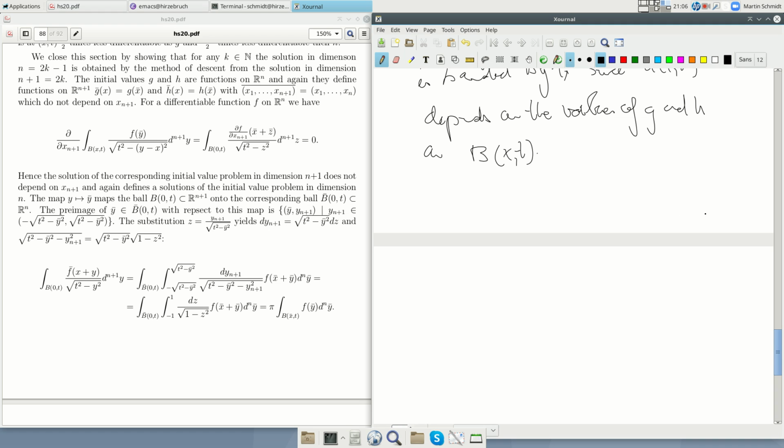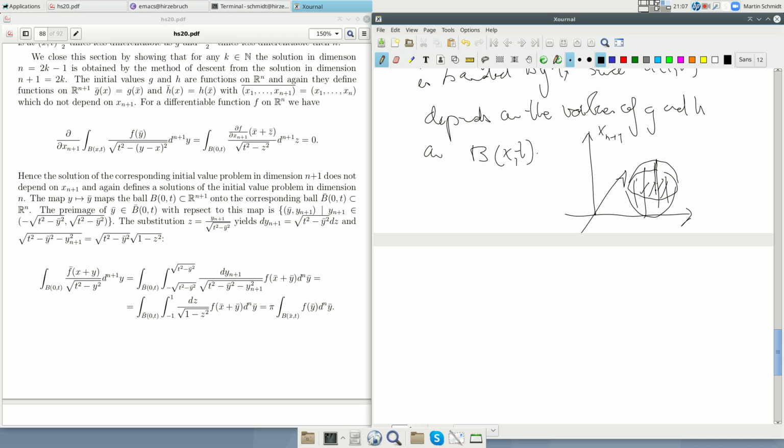So the picture is here again. We have this ball downstairs. This is the ball in n dimensions, and this is the ball in one higher dimension. Since the function doesn't depend on this coordinate, xn+1, we may integrate along all these lines.